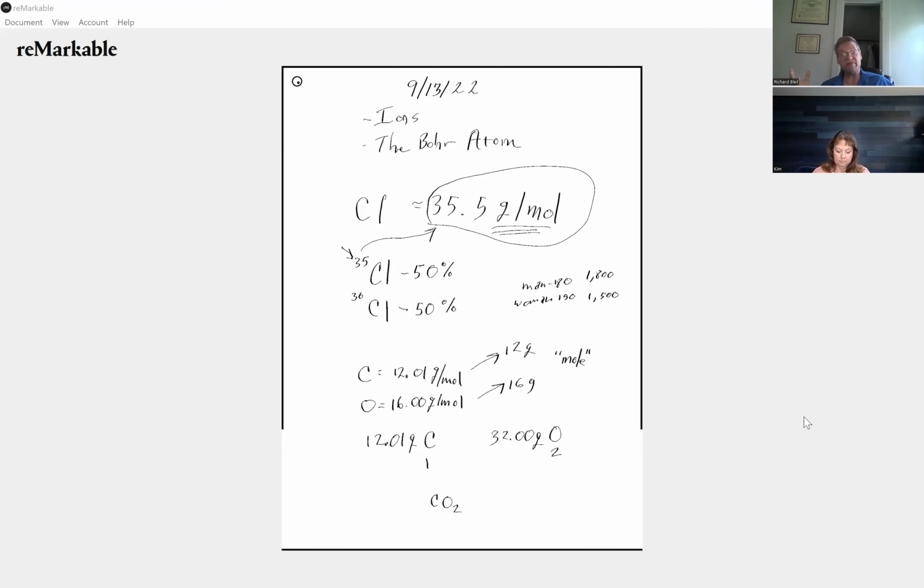But we do have an instrument that measures mass. So we can measure grams. We cannot measure moles. See what I mean? So we think in terms of moles, but we're forced to work in terms of mass. This is what atomic masses give us.